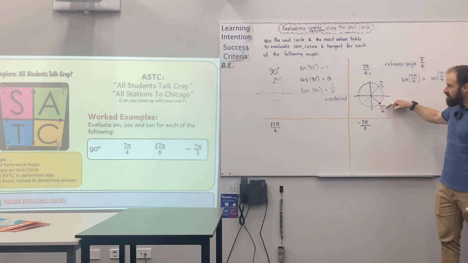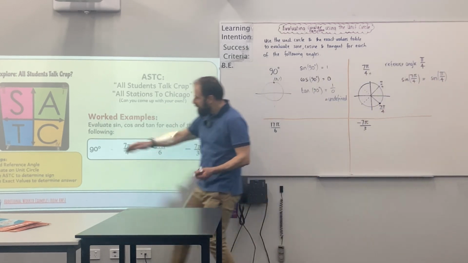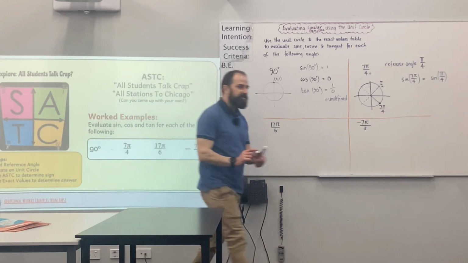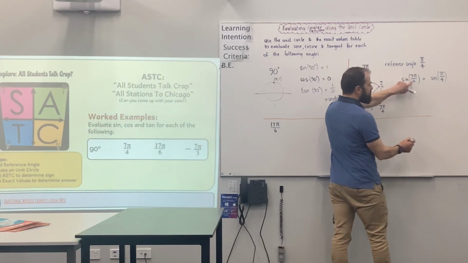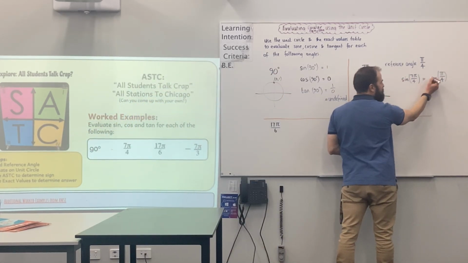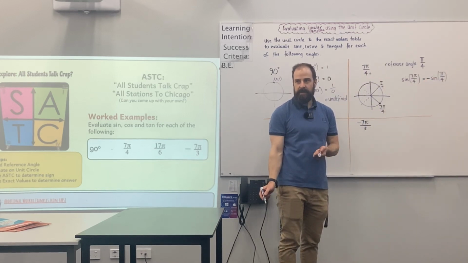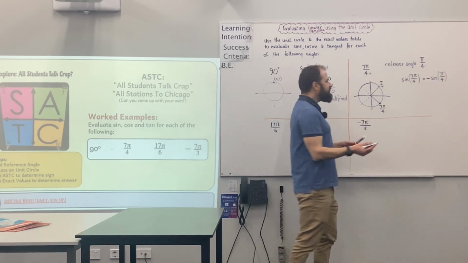But because I'm in the fourth quadrant, over here, sine is not positive, sine is negative. So I can say that sine of 7 pi on 4 is the same as negative sine of pi on 4. And then I look up my exact values table.